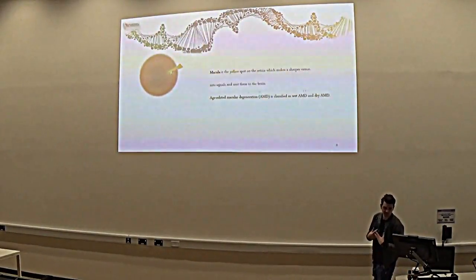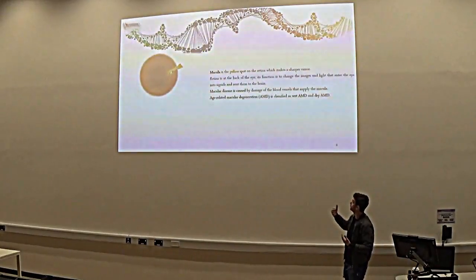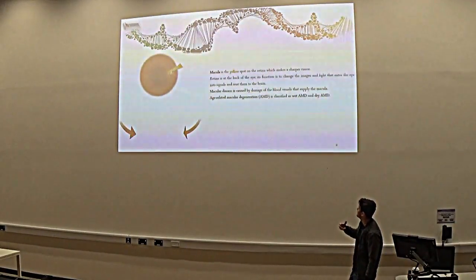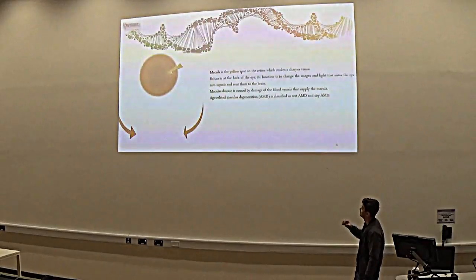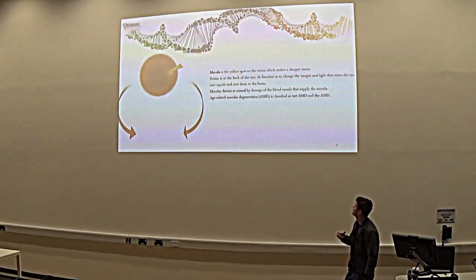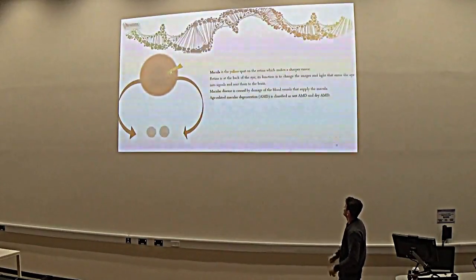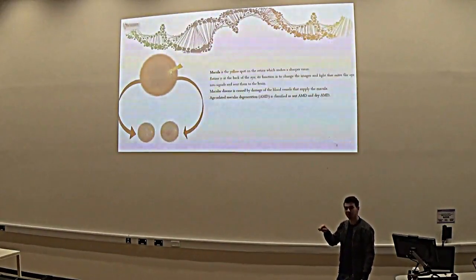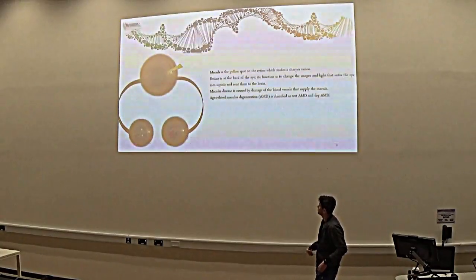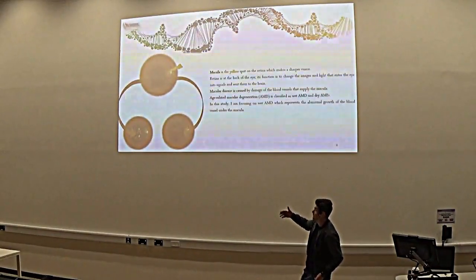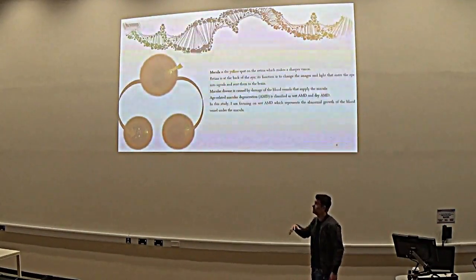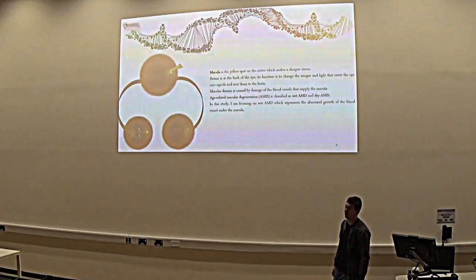As I already said, the macula is the yellow spot on the retina, which makes a sharper vision. The retina is at the back of the eyes. Its function is to change the image and the light into signals and send them to the brain. Macular degeneration is caused by damage of the blood vessels that supply the macula.